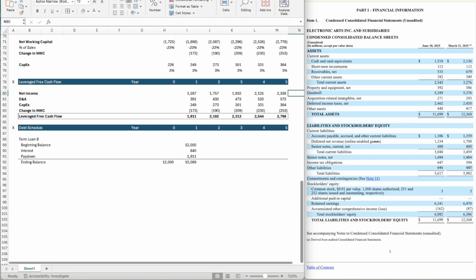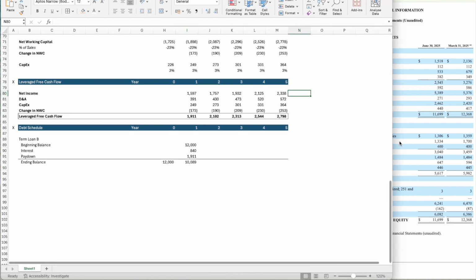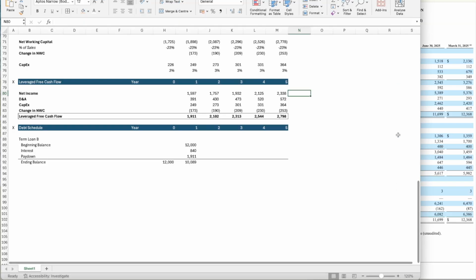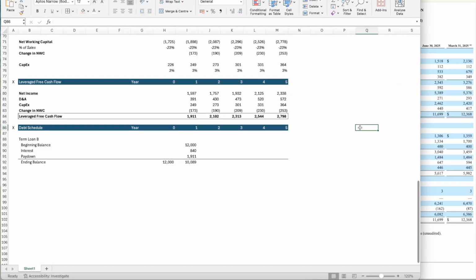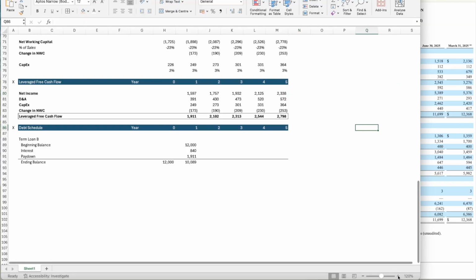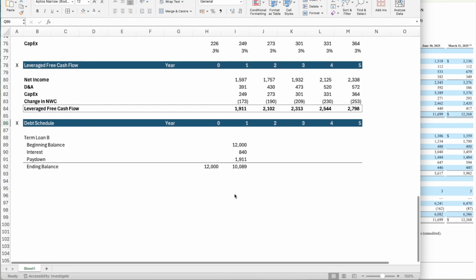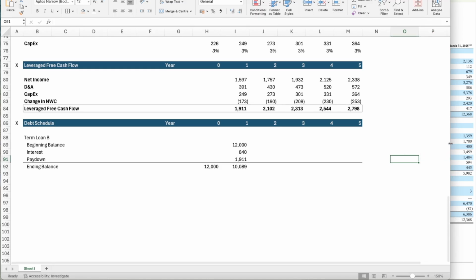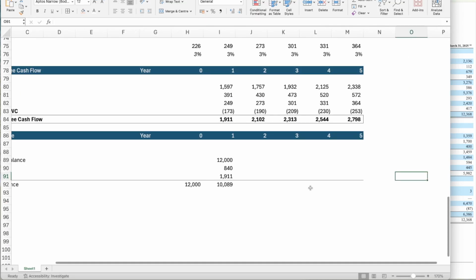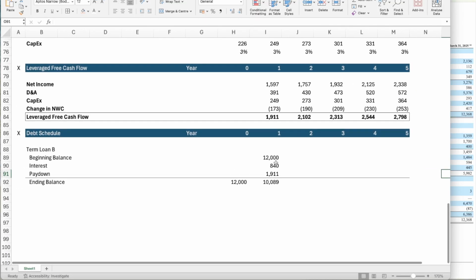Let's make this larger, and we can zoom in. Oh yeah, that's better.